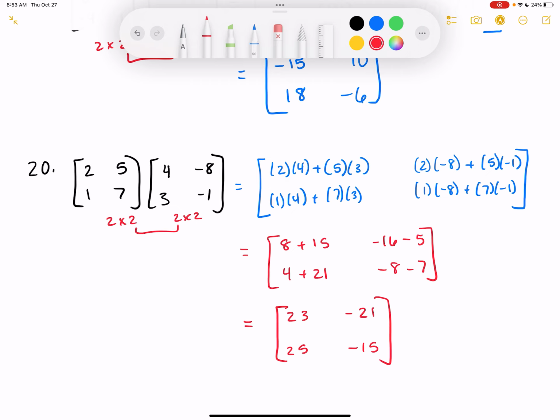If you feel like you need to write that step, and I will say that this is the most common time that I personally make a mistake and that I see other people make a mistake, is when they start doing stuff like this, 5 times -1, in their head. Myself included, I actually wrote -6 to begin with.